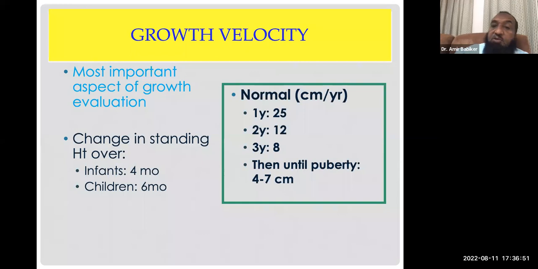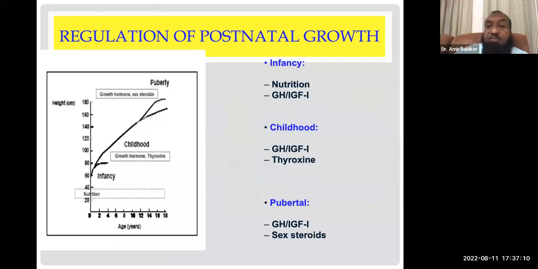Sometimes if we don't have the stadiometer, you can measure them against the wall. We also have some stadiometers fixed against the wall, called wall-mounted stadiometers. So this is telling you the same about growth velocity.